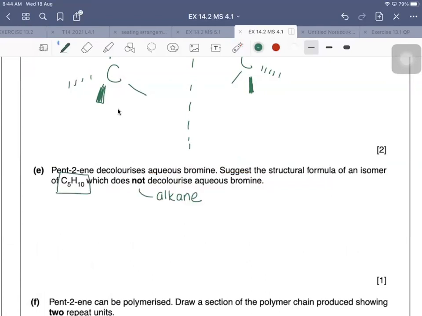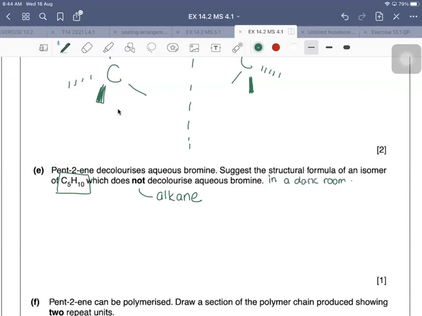The problem is that alkanes can actually react with bromine in the presence of UV light, as you all know. So the problem is actually with the question. They should say it does not decolorize aqueous bromine in a dark room.